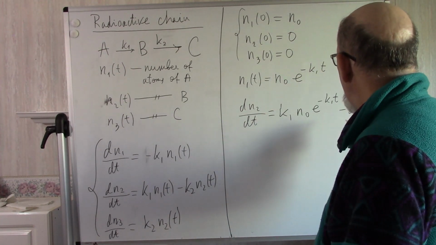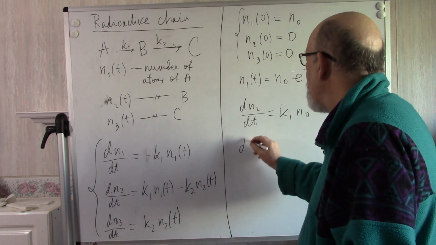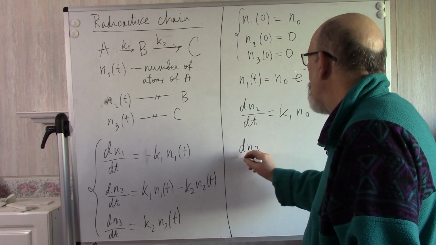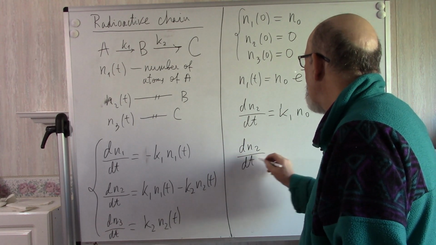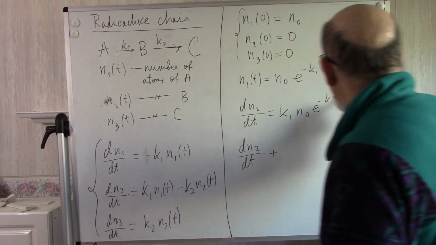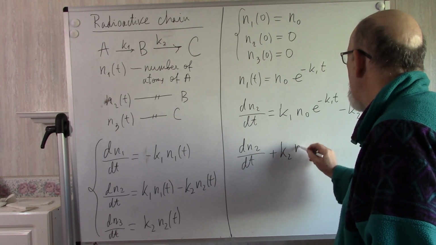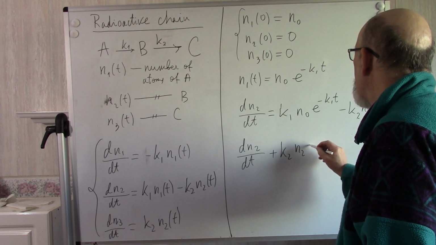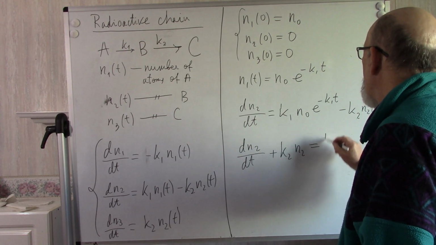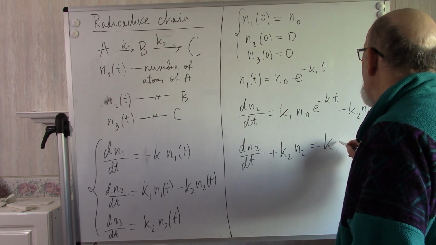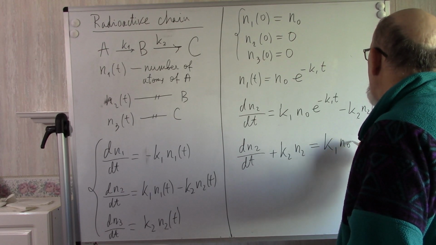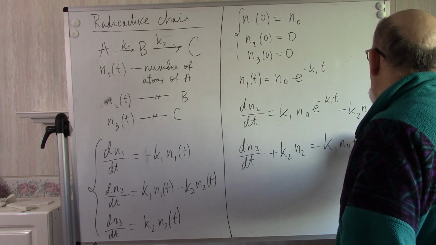Or let me recast it: dN2/dt plus k2 N2 equals k1 N0 e^(-k1 t).